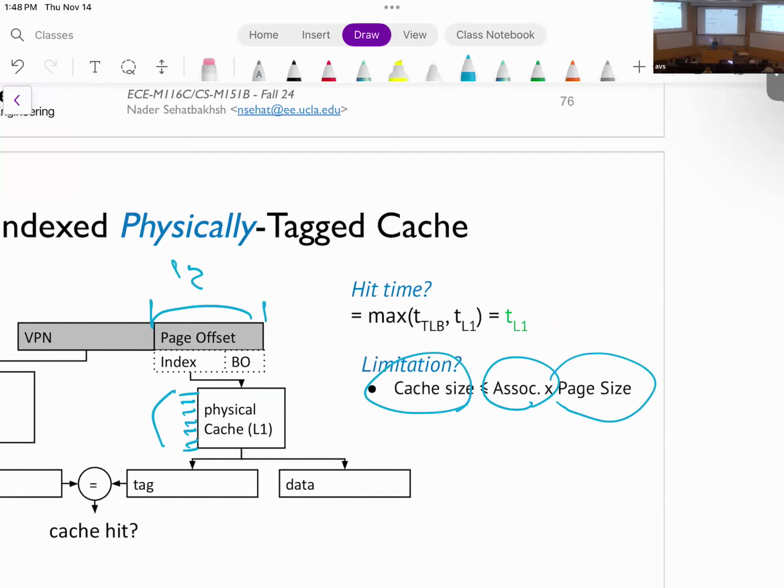And that means that your L1 cache size cannot grow beyond some size. So even if you have all the hardware in the world, either you have to increase your page size, or the only thing you can do is add more ways to your cache. So you can go to 16 or 32. You cannot add more sets to your cache. You cannot increase the index size of your cache, okay?